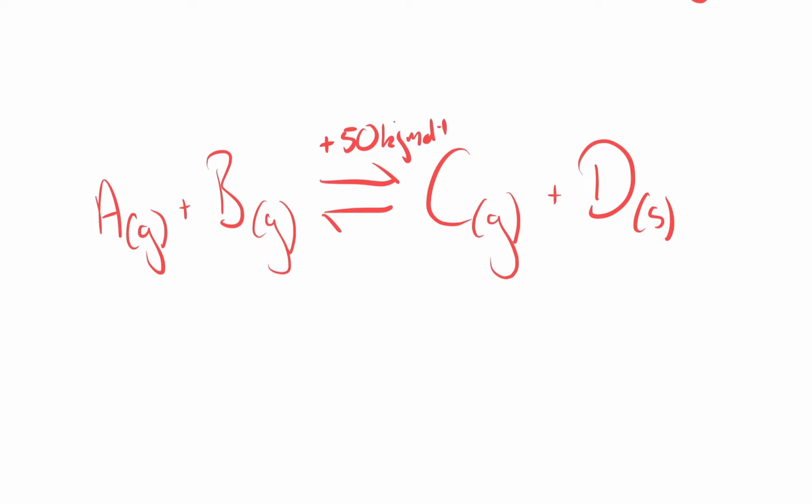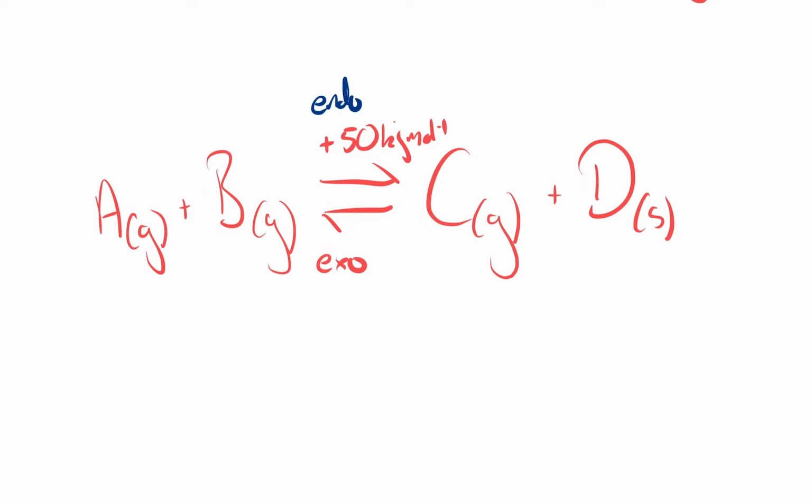And because it's positive, we know that it's an endothermic reaction. Therefore, the backwards reaction is going to be the opposite. It's going to be exothermic. And it would also be exactly, right? So minus 50. That's why things like Hess's cycle work, because the forwards is equal and opposite to the reverse.